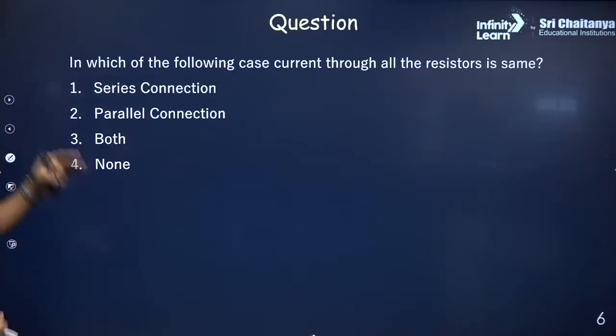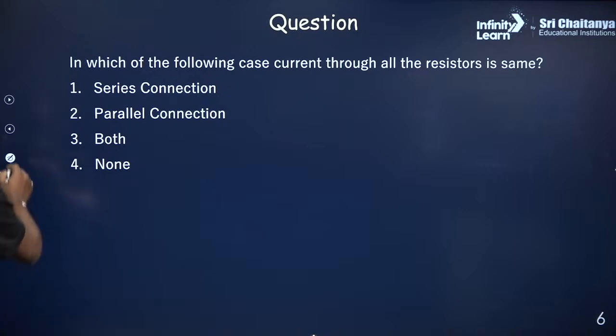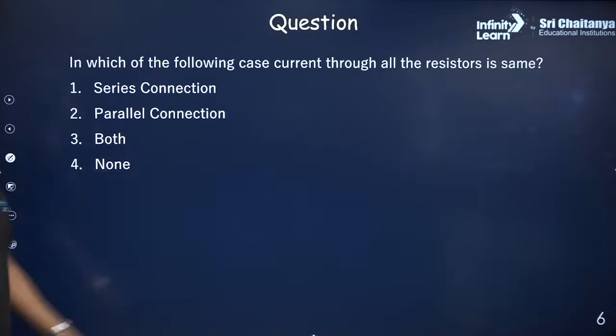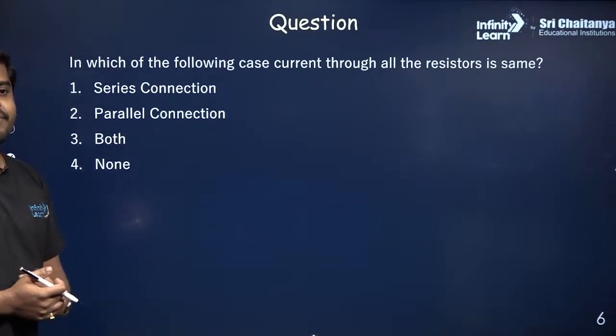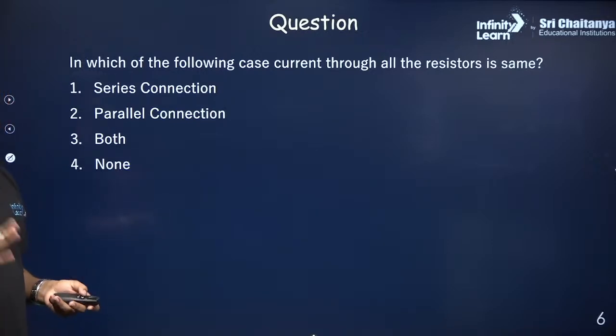In which of the following cases is the current through all the resistors the same? Is it series connection, parallel connection, both, or none of these? There is no difference between voltage and potential difference.